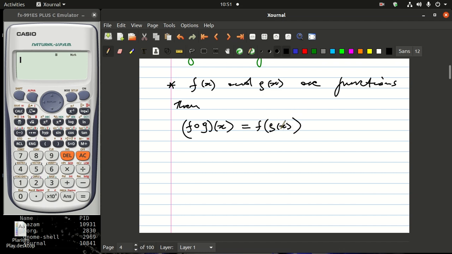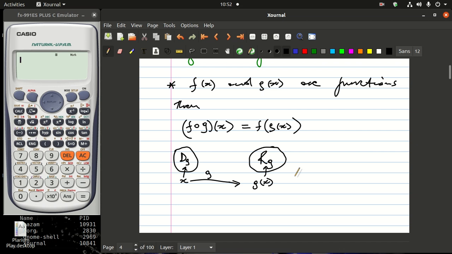The meaning of this whole thing is that you have a domain of g of x, and you pick an x in that particular domain. I plug it in g, and I get a value in the range of g. This is g of x.